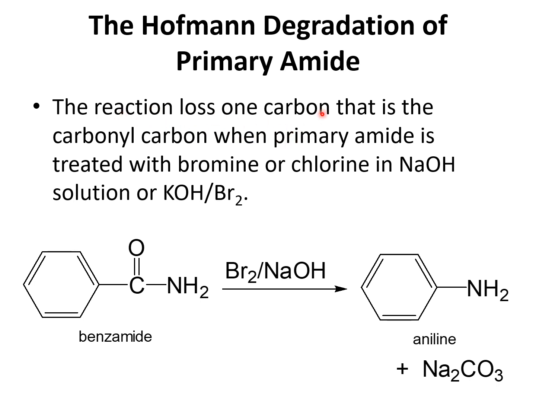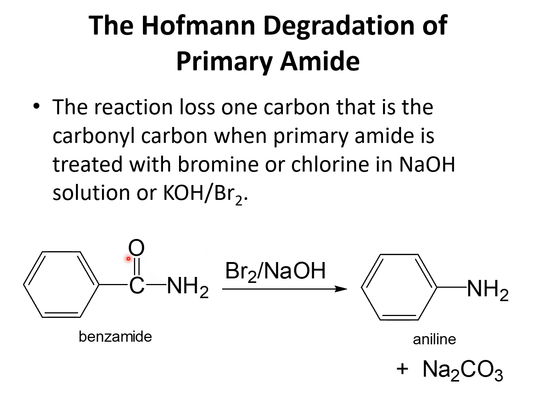Please remember, that is the carbonyl carbon, when primary amide is treated with bromine or chlorine in sodium hydroxide or potassium hydroxide. So that is the reagent. You have to remember the reagent to know what kind of reaction will proceed.